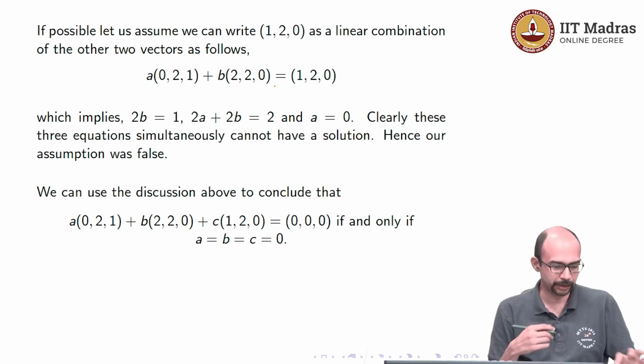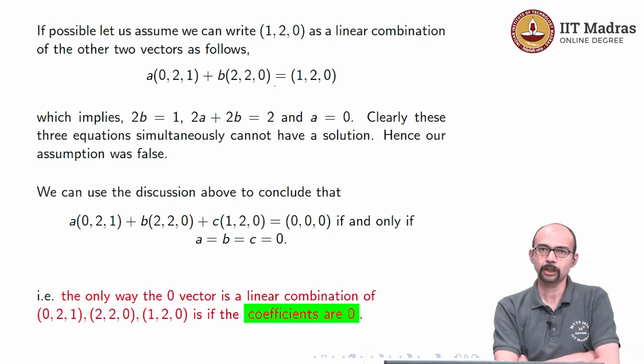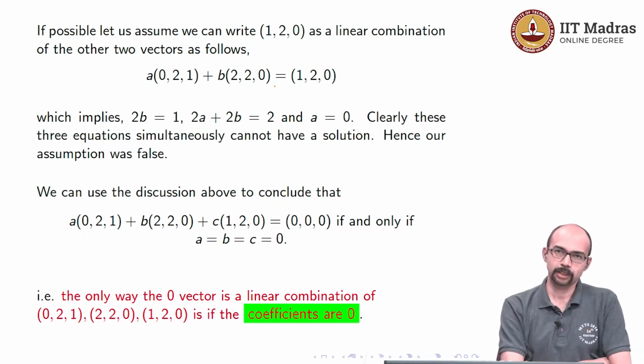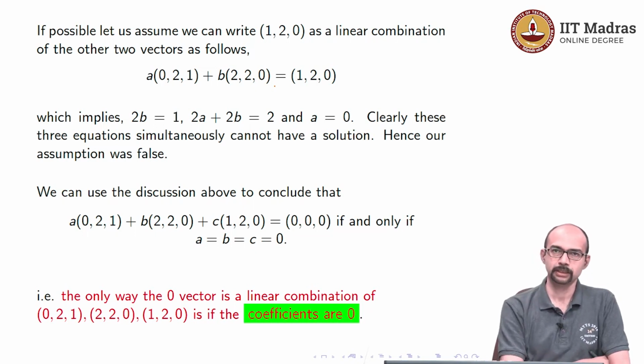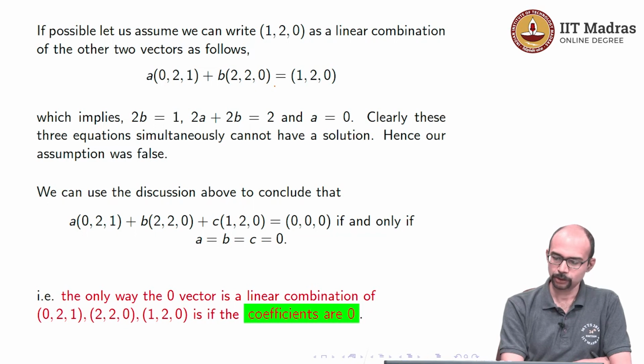Yeah, so what does this mean? This is now the negation of the observation we did earlier. The only way the 0 vector is a linear combination of these three vectors is if the coefficients are 0.